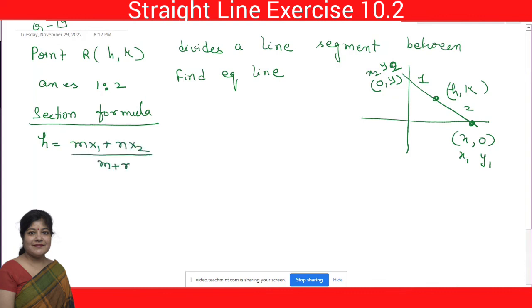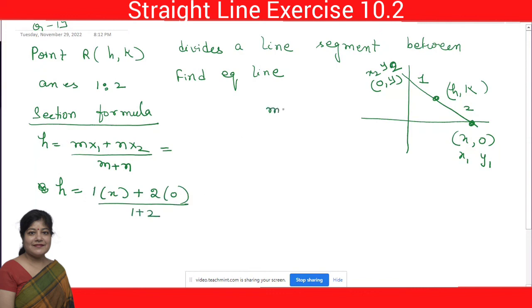So for x1 we have x. H is equal to, for m we take 1, 1 into x plus 2 into 0 over 1 plus 2.